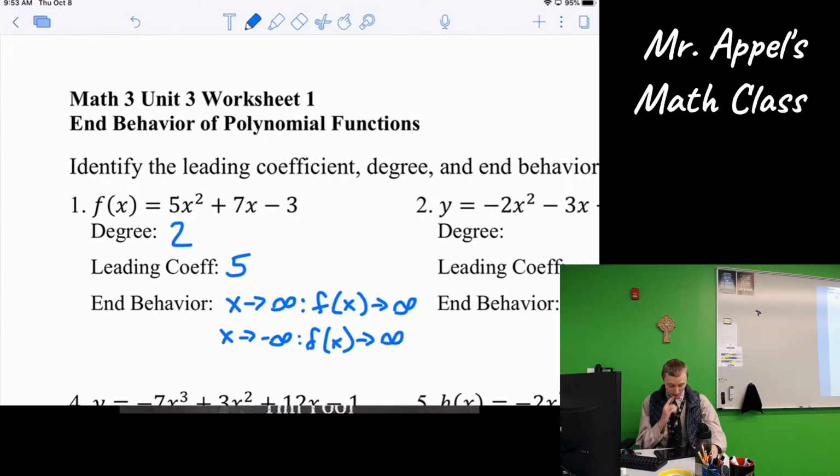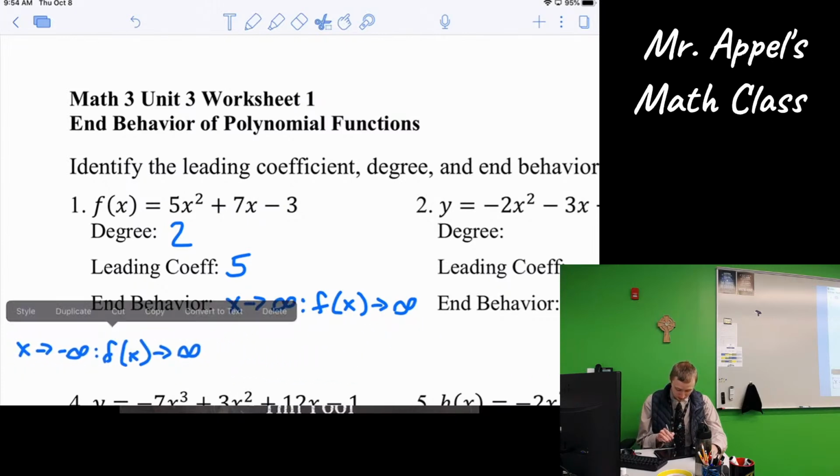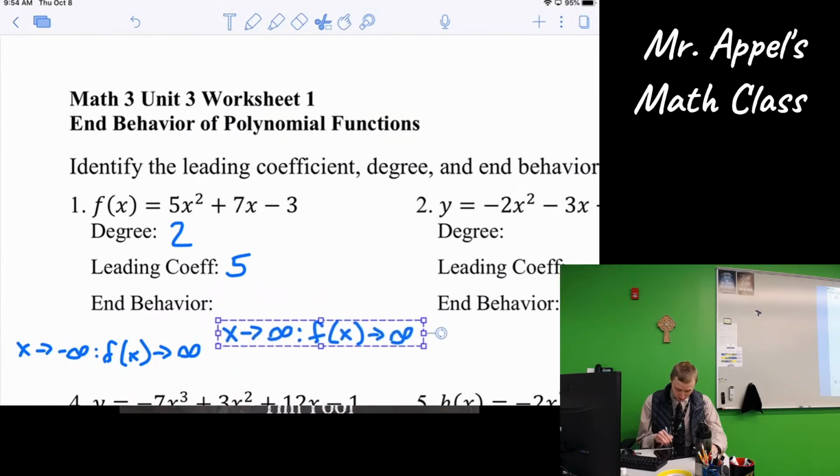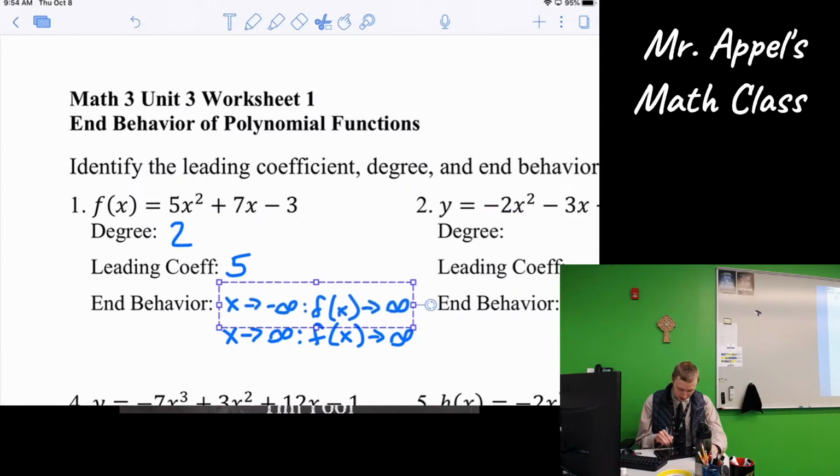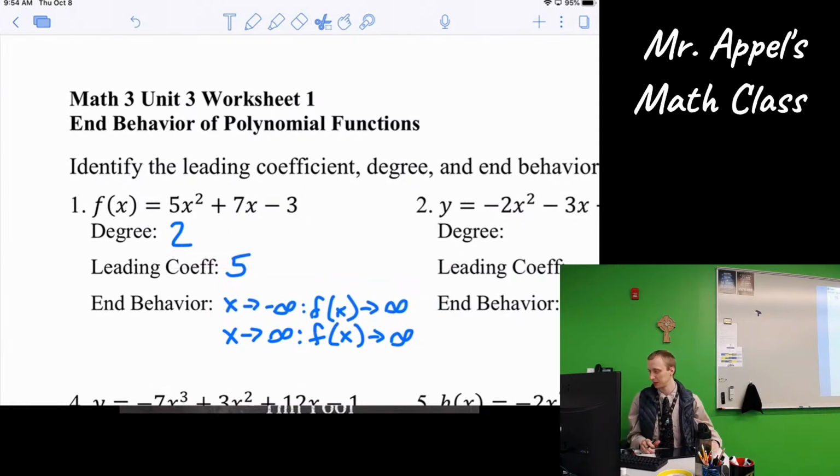If you're a real stickler, maybe we should swap the position of those two. We'll list negative infinity first, because that would be the left side. Yeah, that's marginally better.